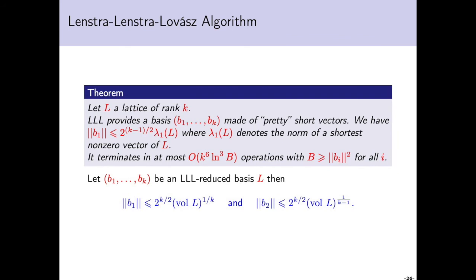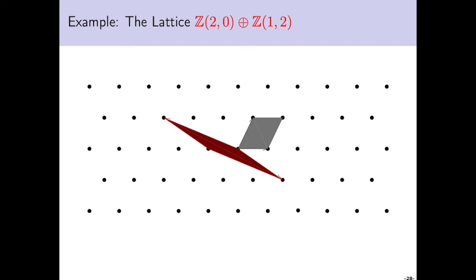We will use these two inequalities. So, keep in mind that if I have a small volume of my lattice, LLL will be able to return two small vectors. Okay, so it was just to define the volume.